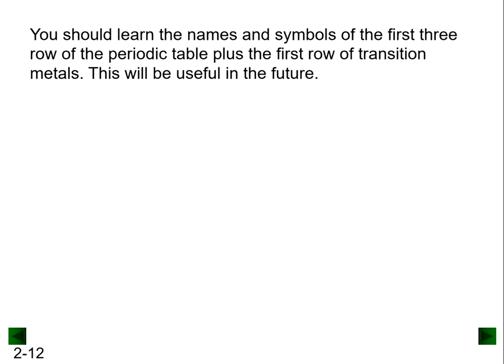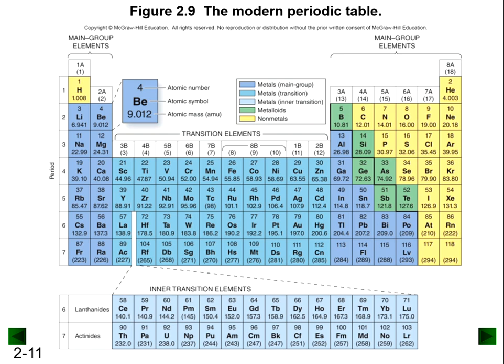So it's important that you learn the names and symbols of the first 3 rows of the periodic table, plus the first row of transition metals. Let's go back and look at this. Those first 3 rows, and really the 4th row has a lot of important elements in it too. You will see these elements throughout your work. You're taking a chemistry course presumably because this is important for your particular career discipline, whether it's biomedical sciences or health sciences or engineering or earth sciences.